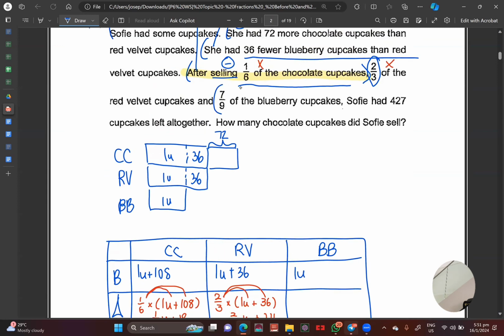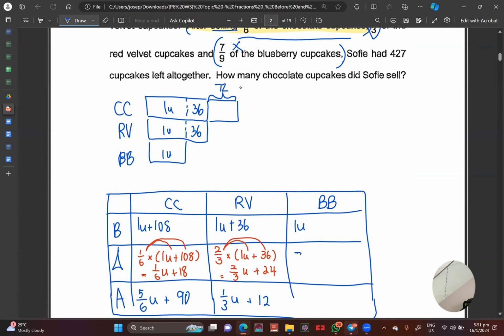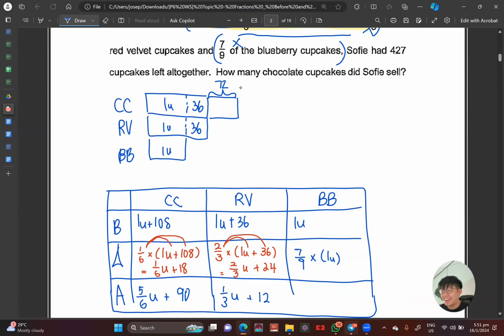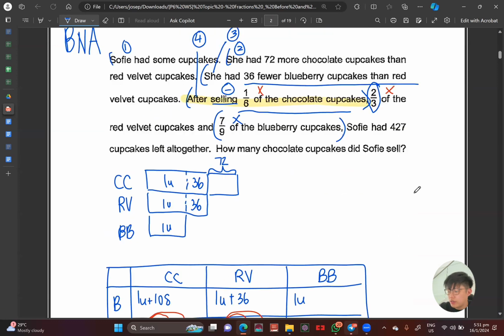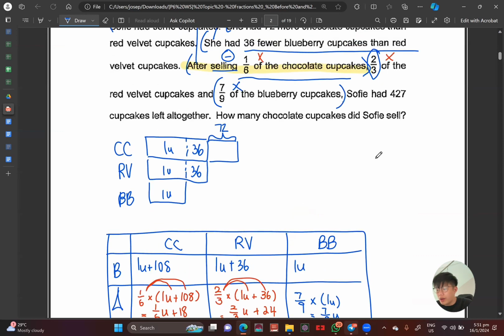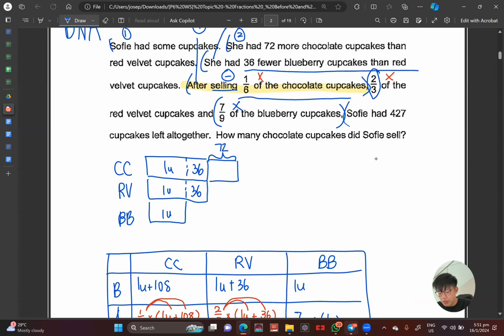I'll do the same thing for blueberry. It says 7/9 of the blueberry. So we write 7/9 times 1 unit. All right, of, again, in math, it means to multiply. Okay, so 7/9 units. Over here, you get 2/9 units. Okay, so this is what you'll get for the after. More importantly, we have sentence number 5, right?